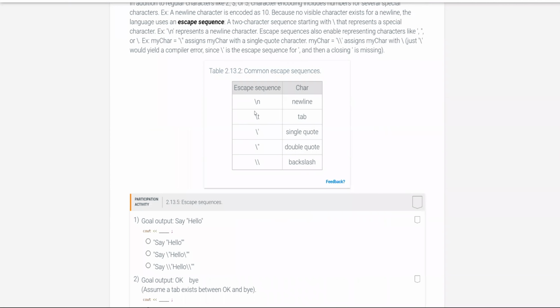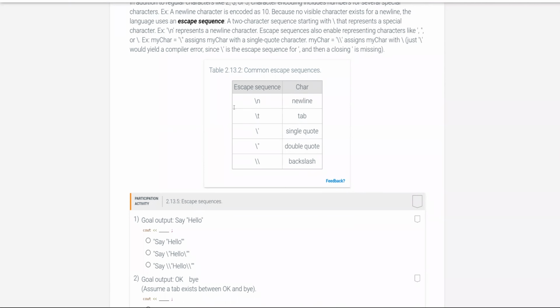There are special characters like these. For example, try it out, it's pretty interesting. If you're using a cout and I write something like this, and then if I want to jump to the next line, I use enter.